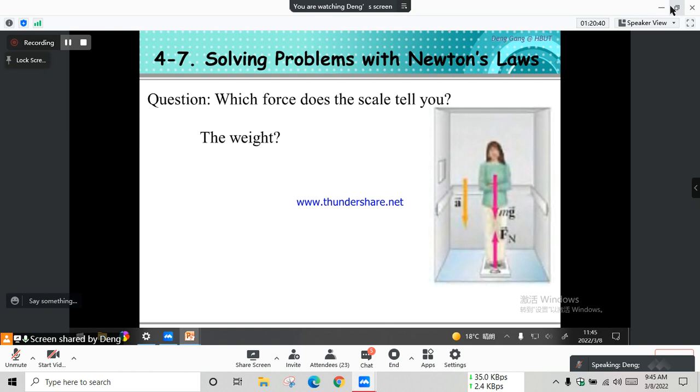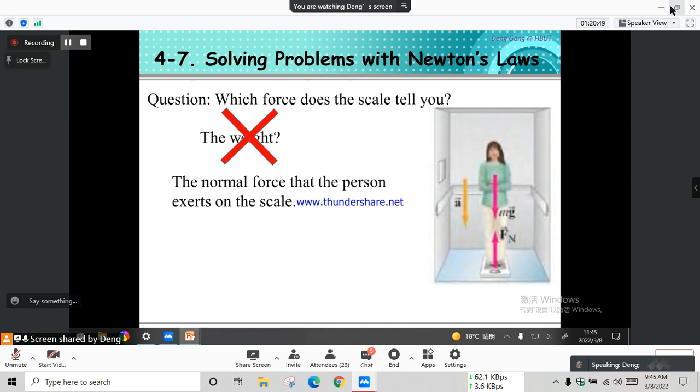So which force does the scale tell you? It's not the weight. The normal force that the person exerts on the scale, or the pressure from the person on the scale, that's the force the scale tells you.